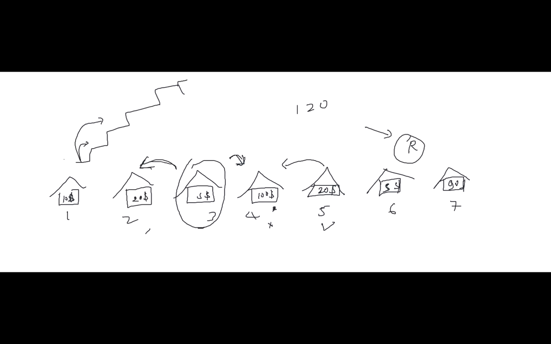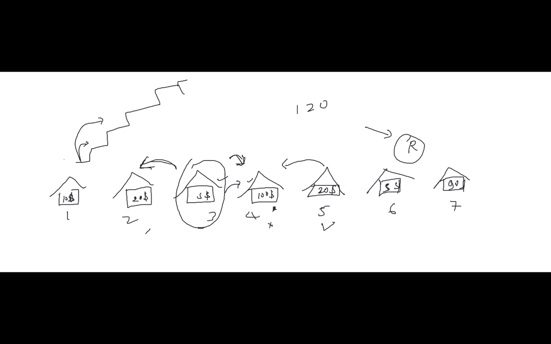Because let's say they have some system, some lock. If you are breaking the lock for this house, these two houses will get the alarm that someone is coming in the street and wants to steal money. So they get aware of that and hide their money. So you cannot steal money from these two houses.